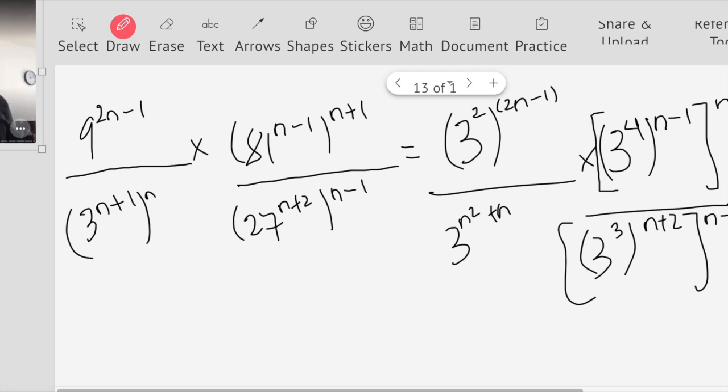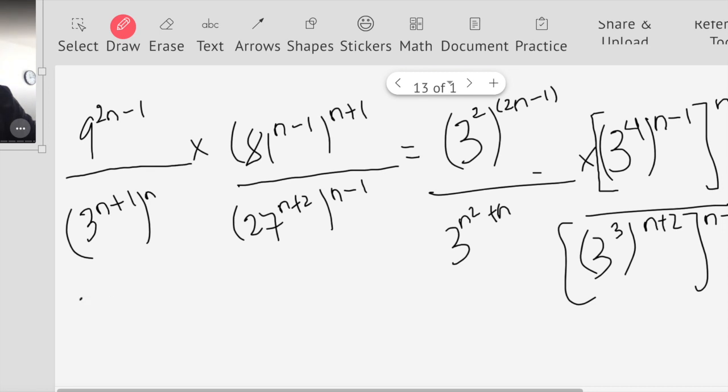So what we have to do now is multiply all of these out, and then you can add them up or subtract them, right? Because we have all the same bases. This is multiplication, so if you do it from left to right, you're gonna add up the exponents. If you do it from top to bottom, you have to do division, and you're gonna have to subtract them.